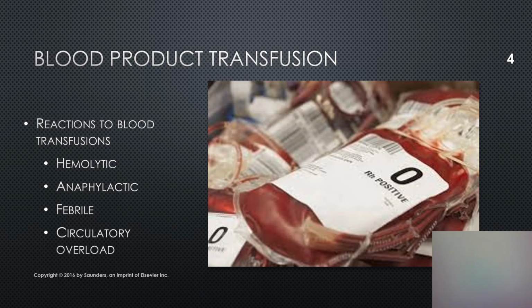The anaphylactic reaction is a type 1 hypersensitivity reaction to plasma proteins, and that happens within 30 minutes of starting the transfusion. With the febrile reaction, the recipient's antibodies react to the donor leukocytes. That will happen within 30 to 90 minutes of starting the transfusion. And then the circulatory overload.